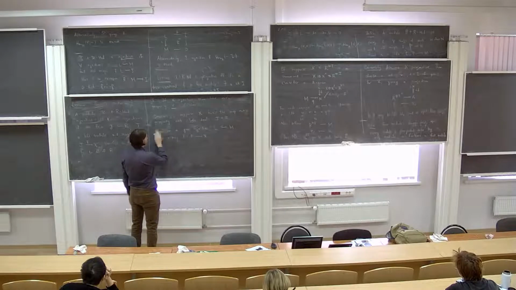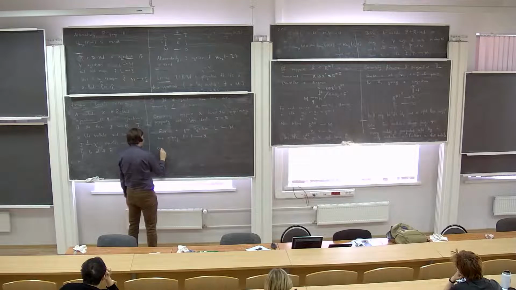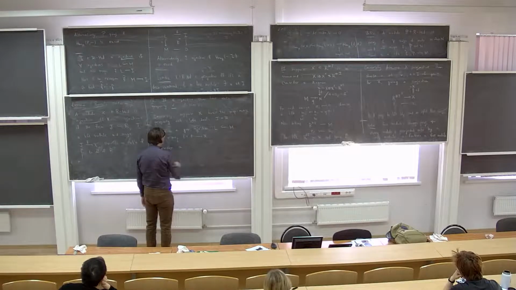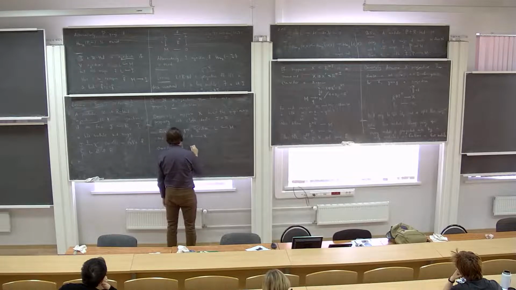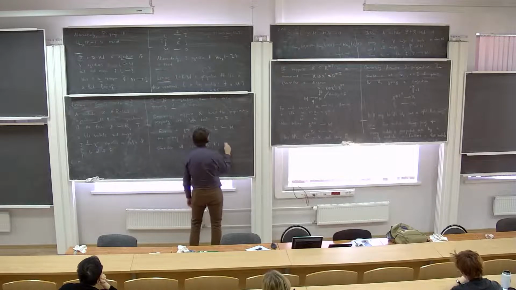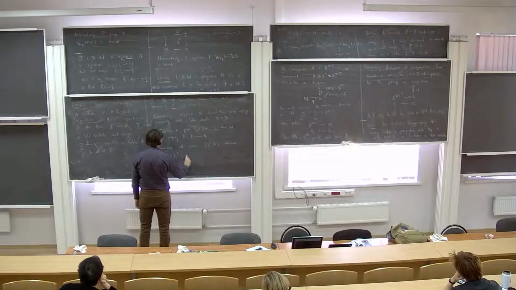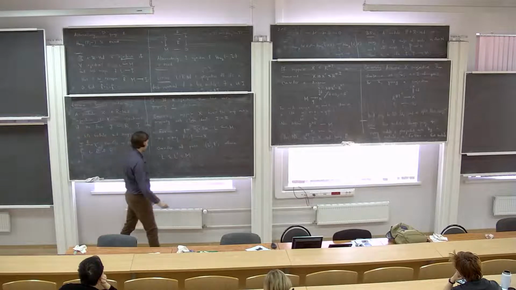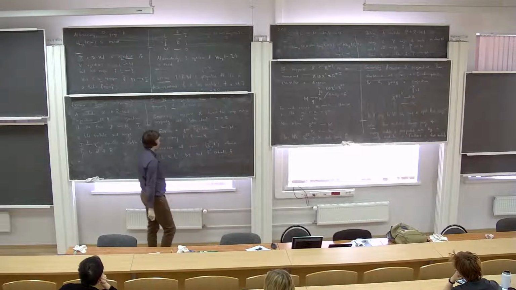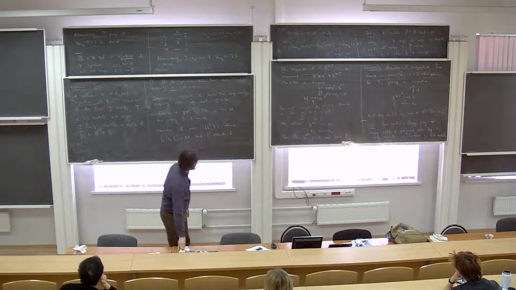So fix a general injection, and now consider all pairs L prime, F prime, where L prime is some intermediate module like this, and F prime extends F. In particular, in there is L comma F, the original L together with the original F. And I claim that this collection is partially ordered in a pretty obvious way.